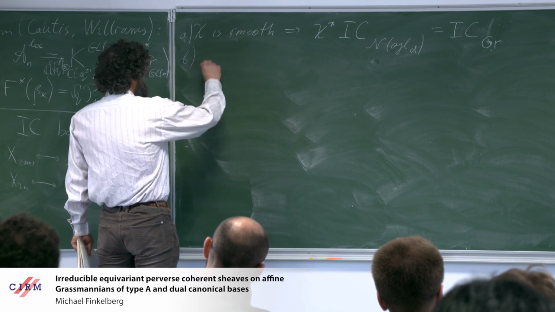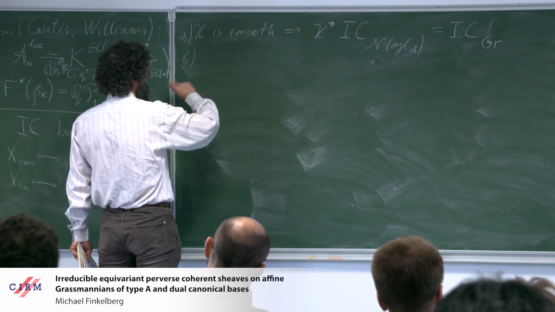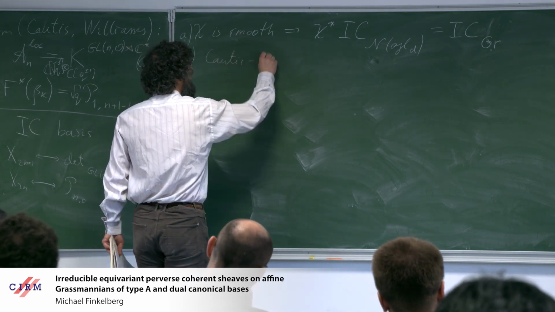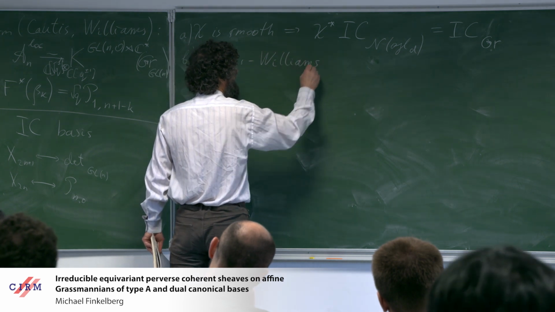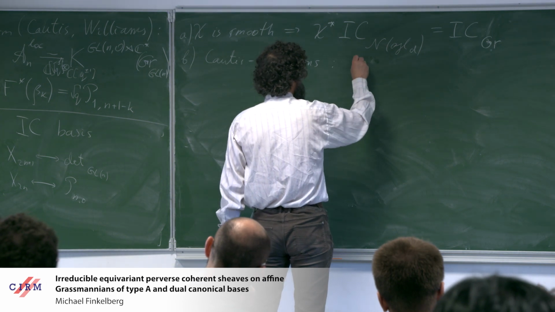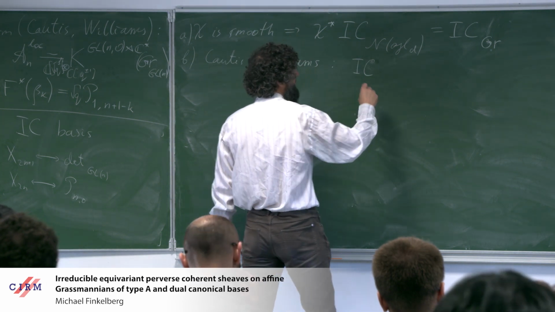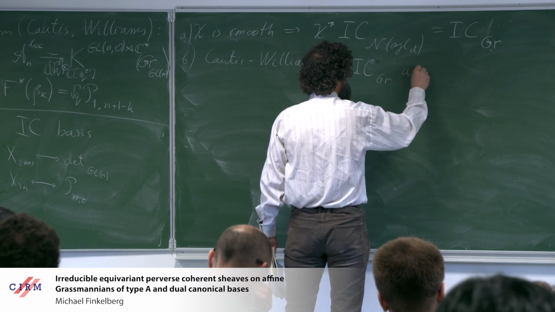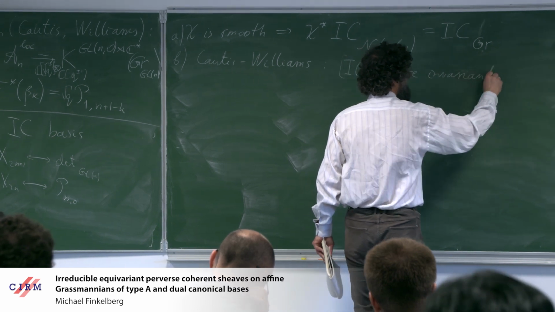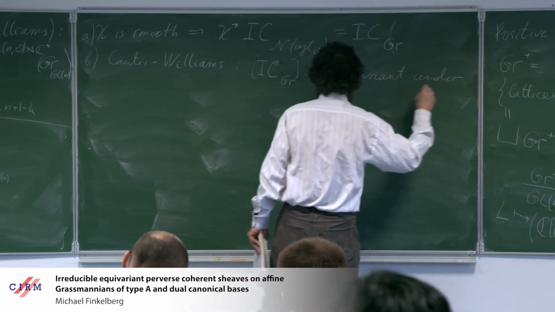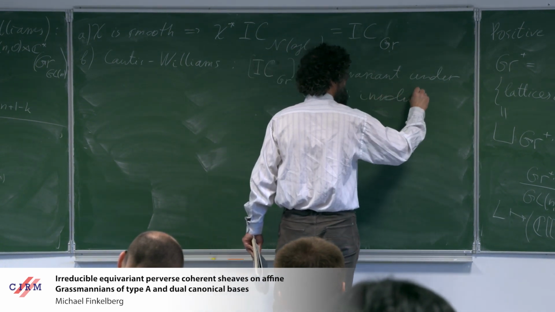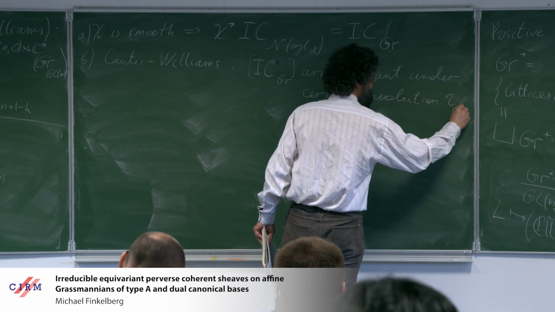Now the second part is due to also Cautis and Williams. Namely, it says that the IC sheaves on the Grassmannian, or maybe their classes, are invariant under a certain involution iota of the Grassmannian.